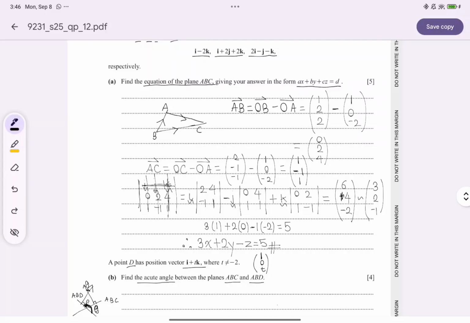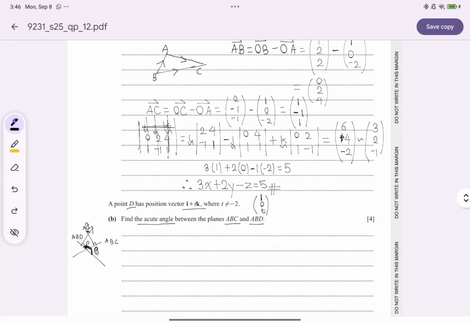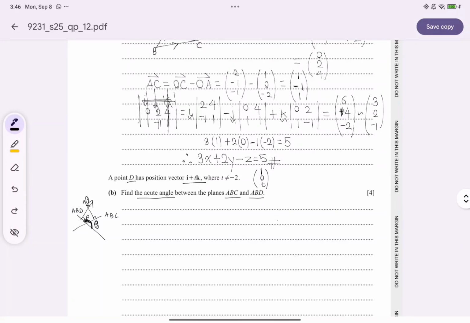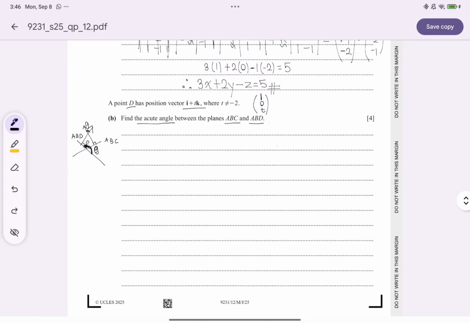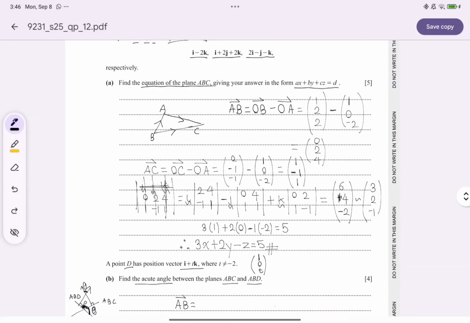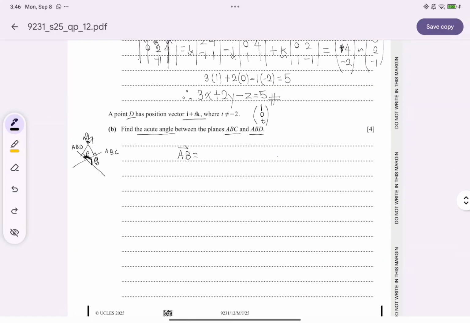So we already know the normal to the plane ABC. It's in the equation of the plane. So now we have to find it for ABD. To do that, again, we have to find two direction vectors in this plane. We can see already AB is 0, 2, 4.